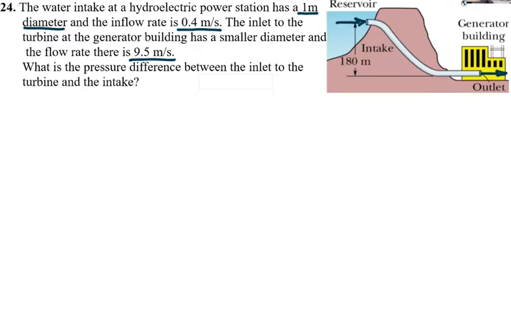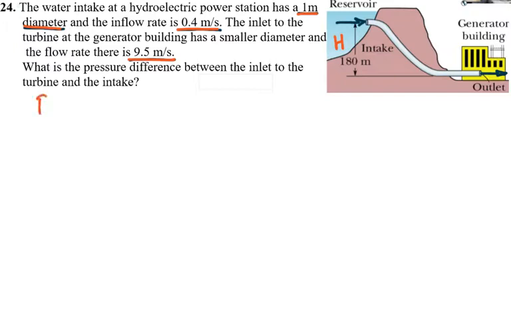So let's call this height h, the one that is given. So we have the diameter of the incoming water, we have the velocity of the incoming water, we have the height, and we have the velocity of the outcoming water. So I see it's a Bernoulli type of question.